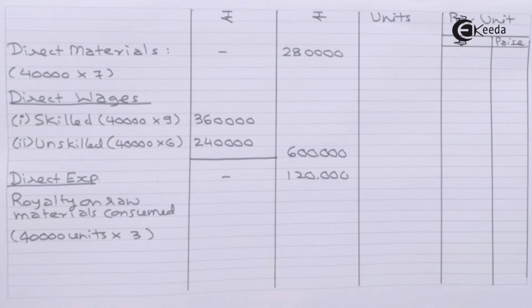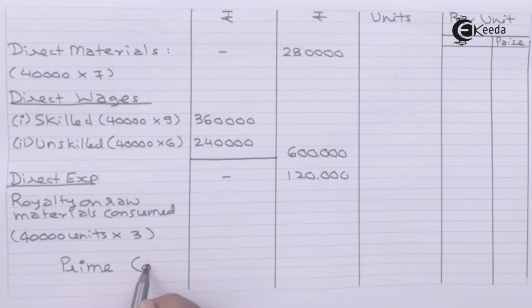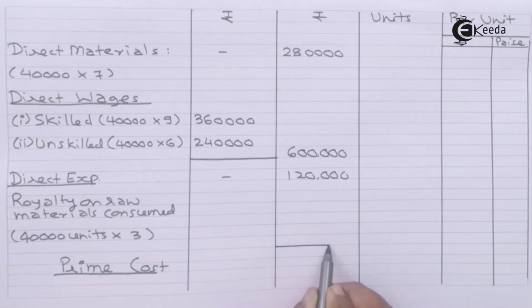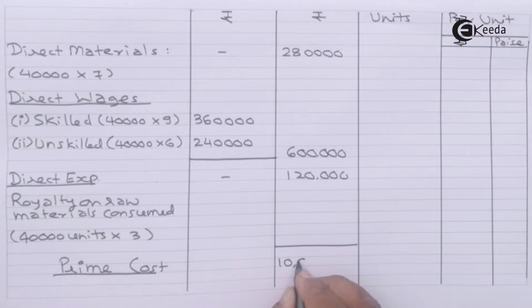So direct expense is 1,20,000. So we got direct material, direct wages, direct expenses. We will be adding this to arrive at prime cost. Prime cost we got 10 lakhs.